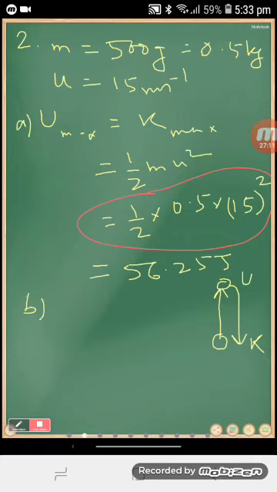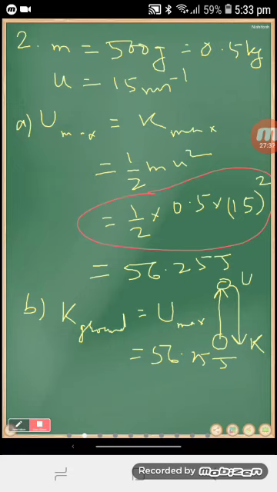In B part, the kinetic energy on ground will be equal to again your potential energy maximum. This is equal to 56.25 joules. I hope this is clear to all of you.